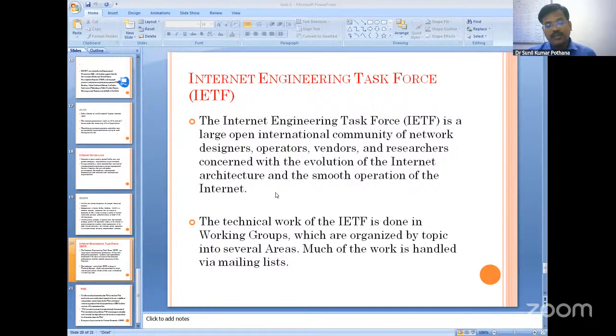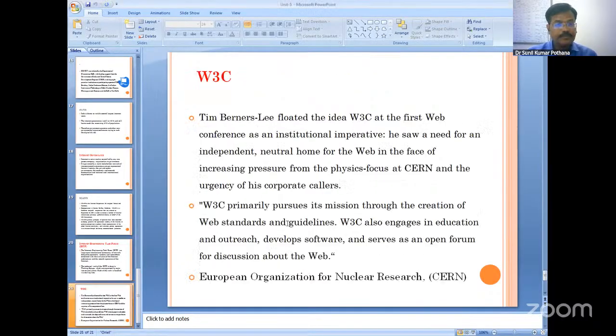Another important one is W3C. Already a little early, I have discussed the Berners-Lee idea of the World Wide Web.